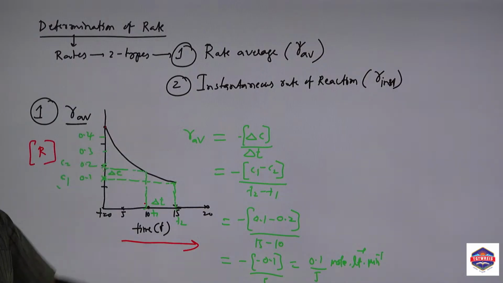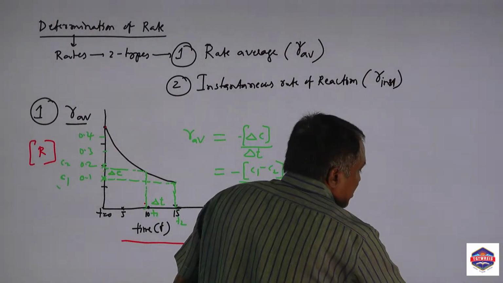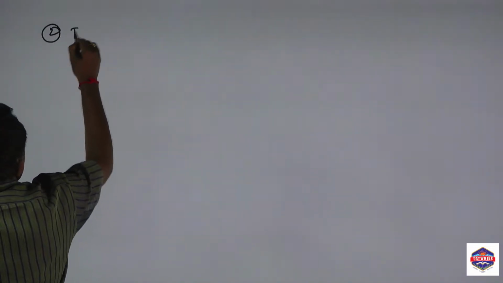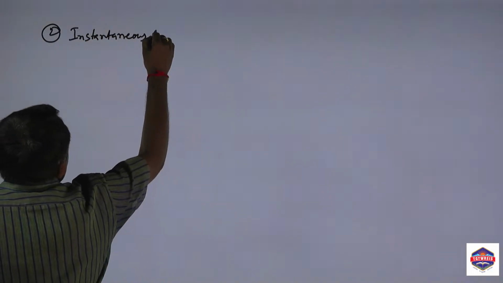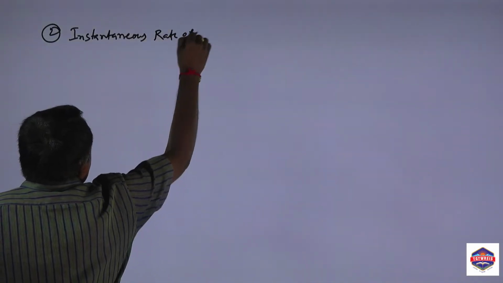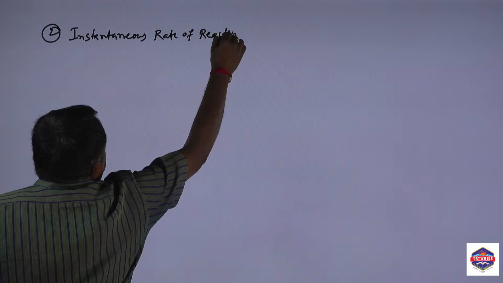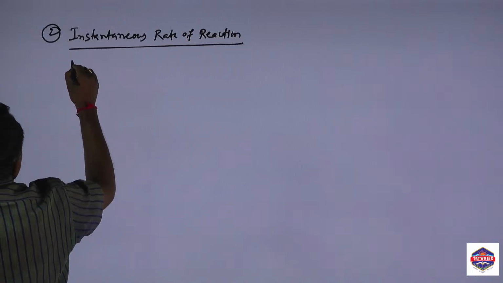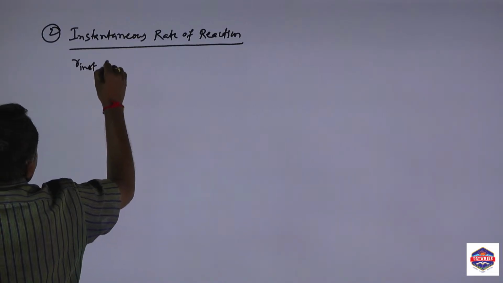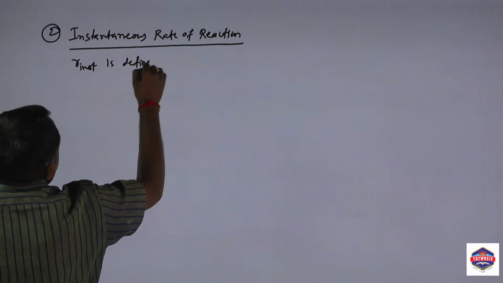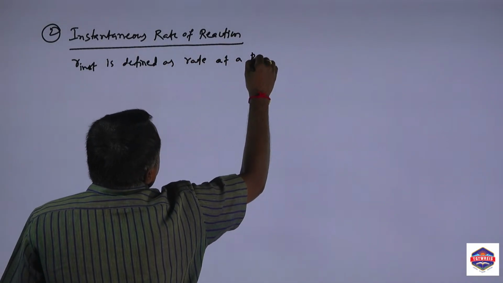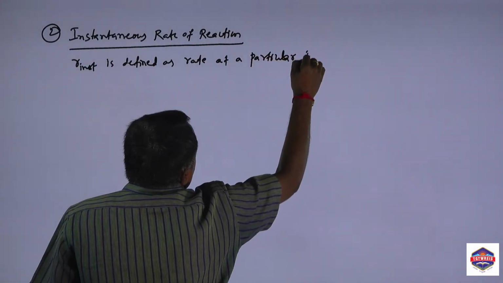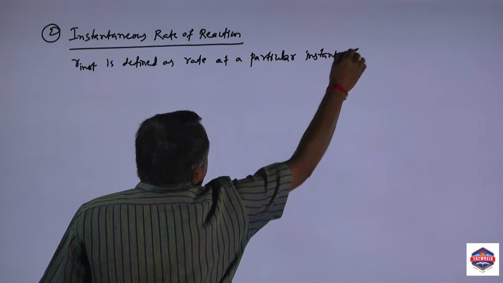And what about the instantaneous rate? Actually instant means instant of time. So the instantaneous rate of reaction, R instantaneous, is defined as the rate at a particular instant of time.